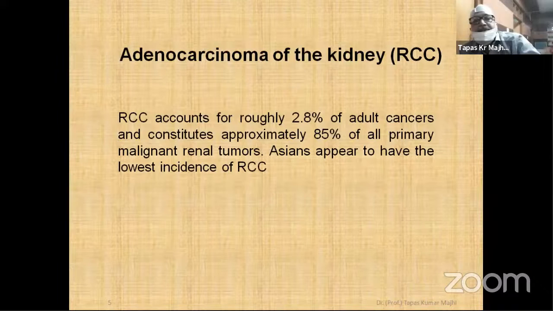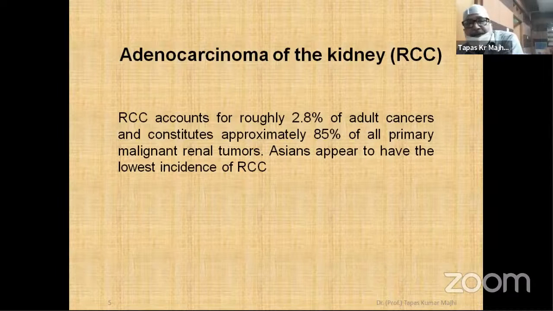The most important renal malignant tumor is adenocarcinoma of the kidney, called renal cell carcinoma. Renal cell carcinoma accounts for roughly 2.8% of adult cancer and constitutes about 85% of all primary malignant renal tumors.